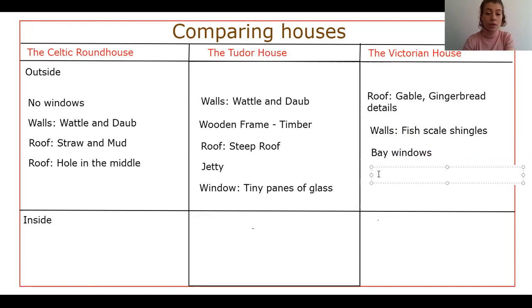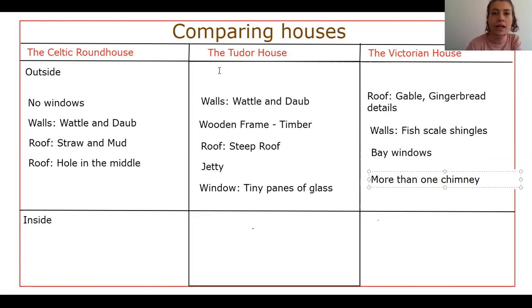The chimney, more than one. Chimney. Remember here, the Tudor houses also have the chimney, but just one. So I will write here chimney. Great. And the tower here in the Victorian house. The tower. Remember the tower? Right. What they call turret.